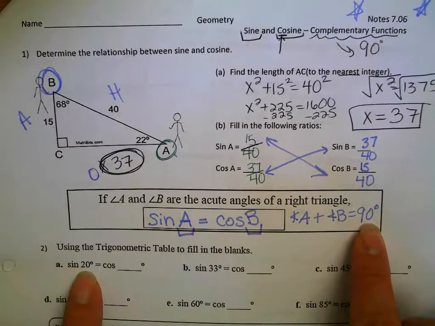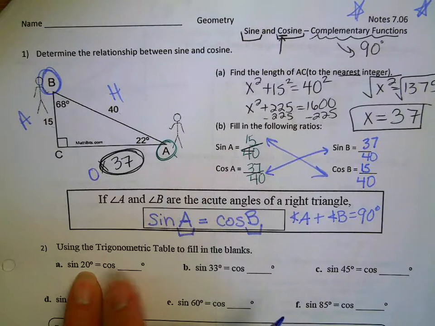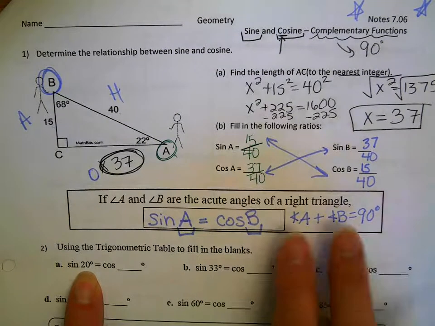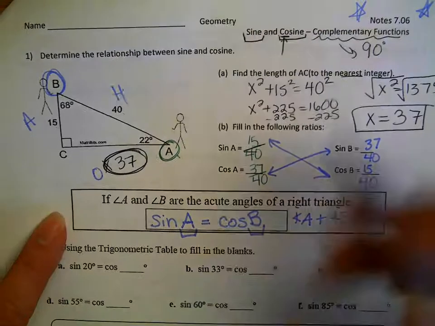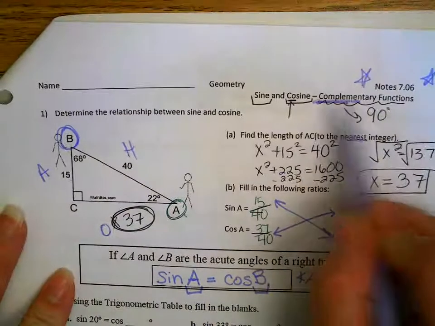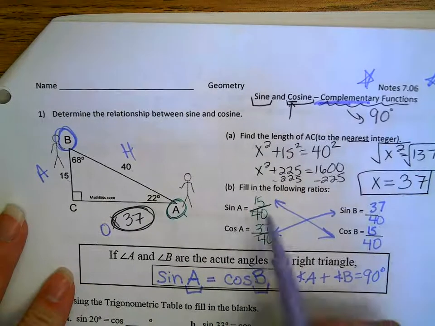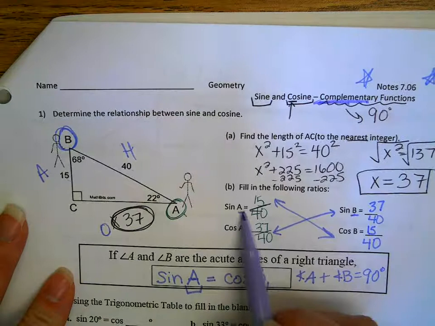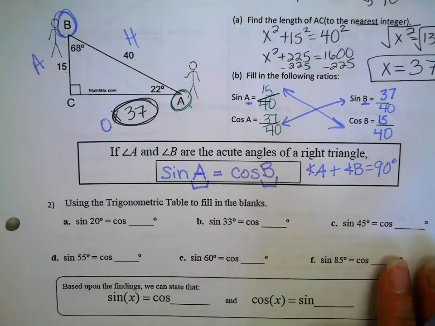So if I have sine of 20, that's going to equal cosine of its complement. These are called complementary functions, meaning these two measures, A and B, 68 and 22, add to 90.